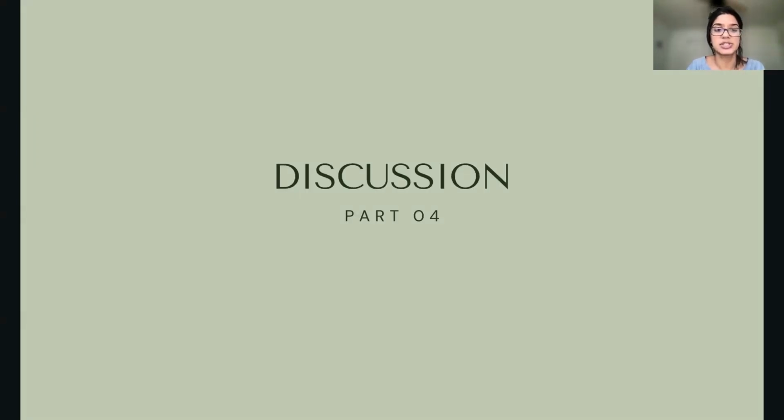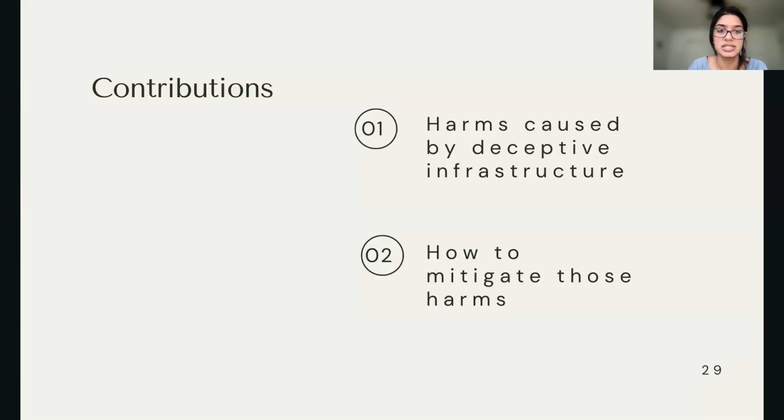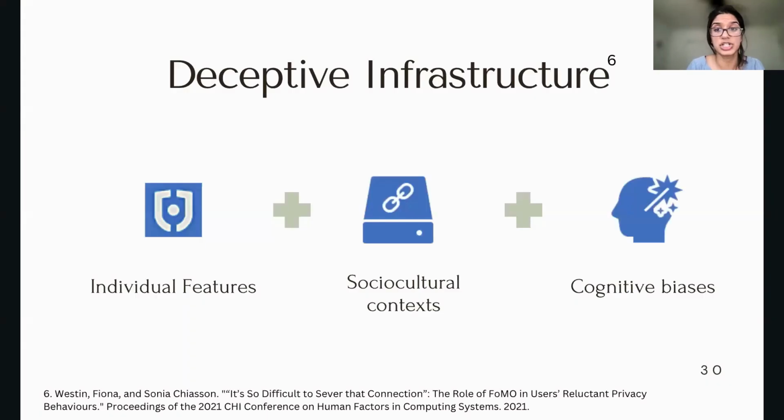I wanted to discuss two types of contributions that we see this paper having. First, the harms that are caused by this type of design. Specifically, I want to talk about deceptive infrastructure.